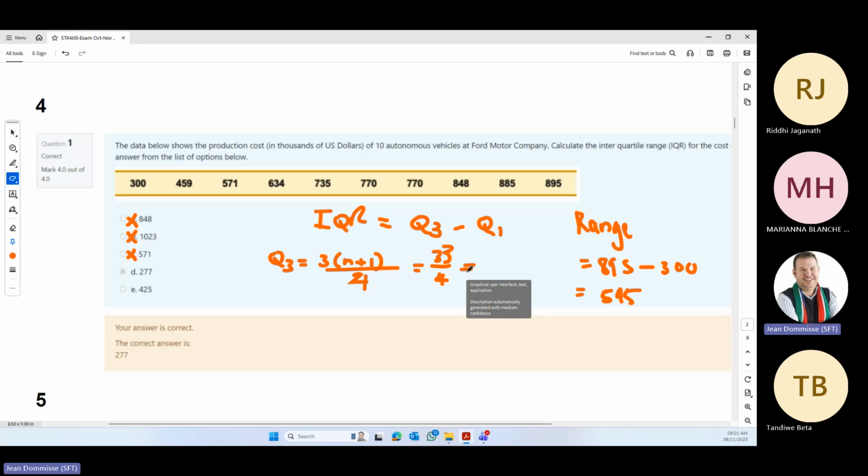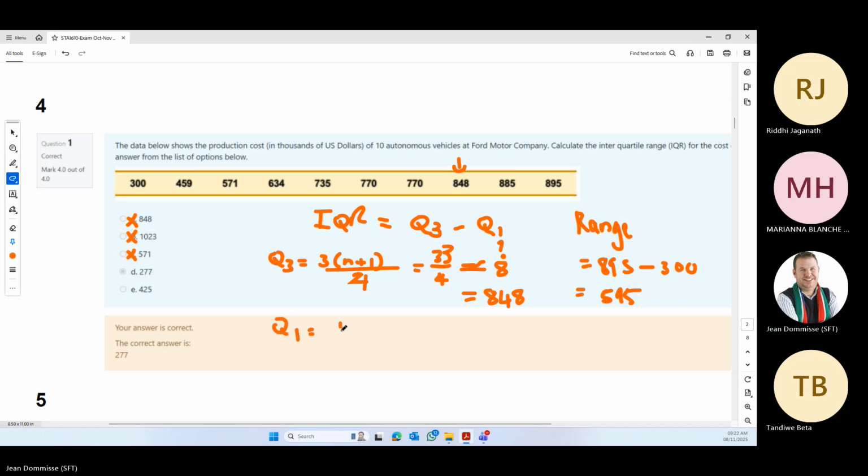So that is 8 point something, 8.25. So we're looking at the position of 8. So 1, 2, 3, 4, 5, 6, 7, 8. So the value is going to be the 8th value. Okay, so that is going to be Q3.